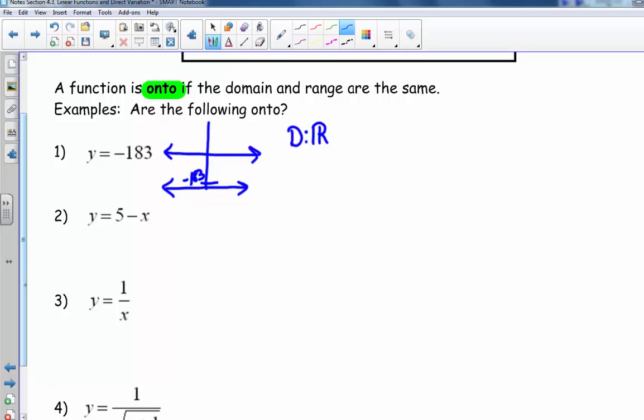No matter what value you put in, you will always get negative 183. So the range is just negative 183. So is this graph onto? No, because the domain and the range are not the same.